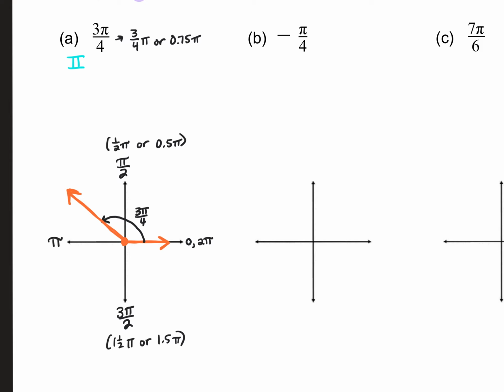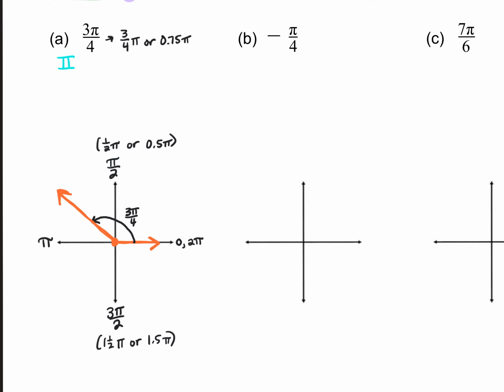Okay, so now comes the really fun part, figuring out a positive and negative coterminal angle. So let's start with a positive coterminal angle. I'm going to do this exactly the same way we did in the previous problems. I'm going to rotate to 3 pi over 4, and then I'm going to rotate another complete rotation. So what I did was I started out at 3 pi over 4, and then I added a full rotation, which is 2 pi. Okay, so at this point, you're really just adding fractions together.